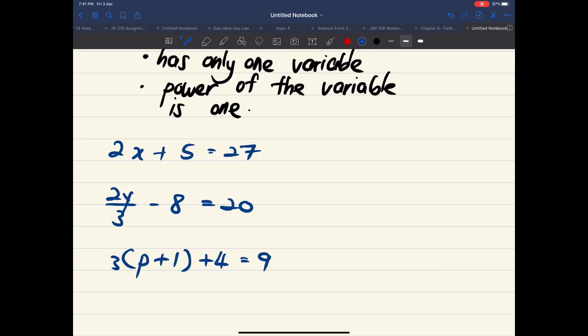Okay, these are the examples of linear equations in one variable. So we'll go through some examples.